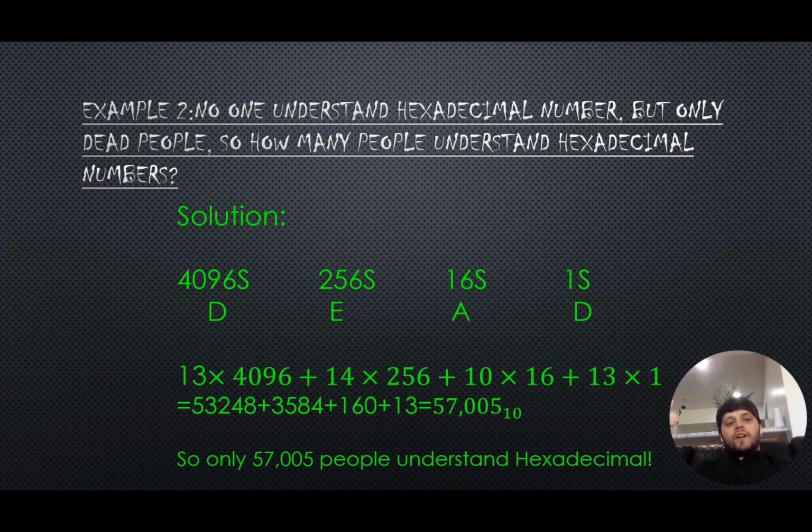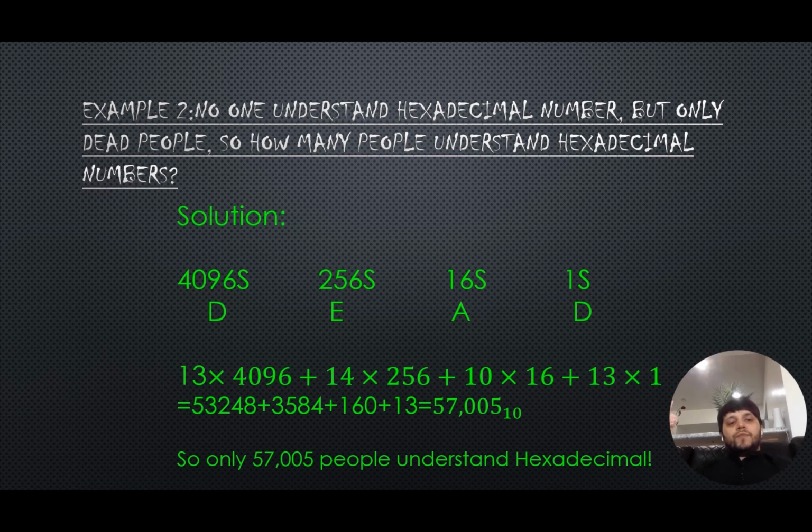And then we find the value of each letter D, E, A, D from the table, and then we multiply by that placing value, add it to the next number, and do the same thing over every letter and placing value until you get the number.